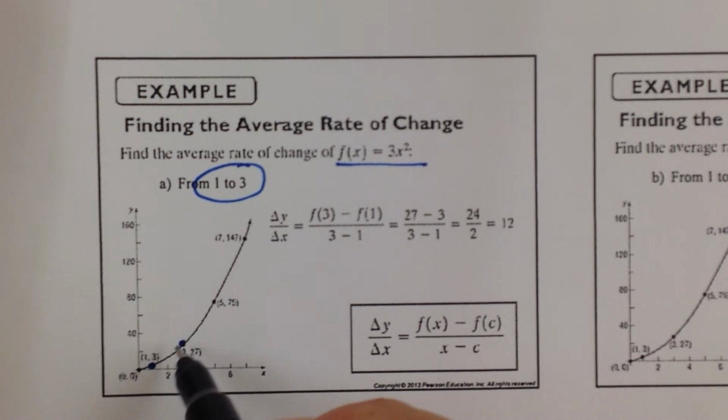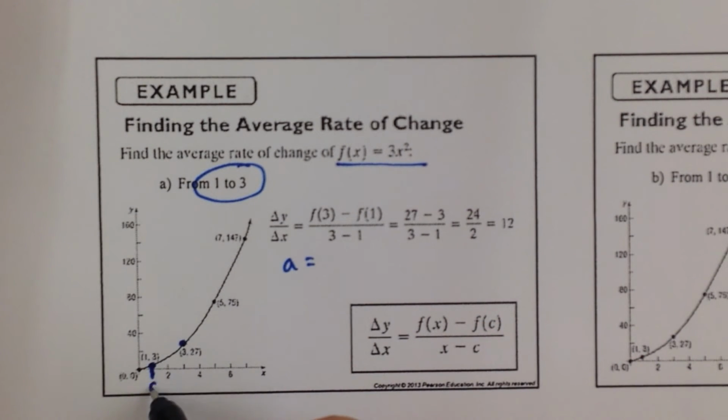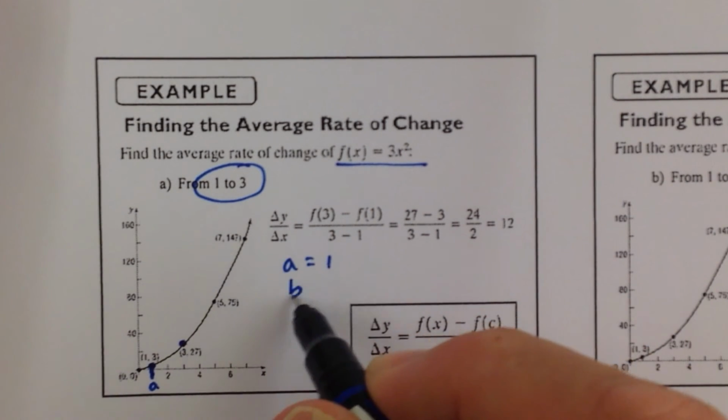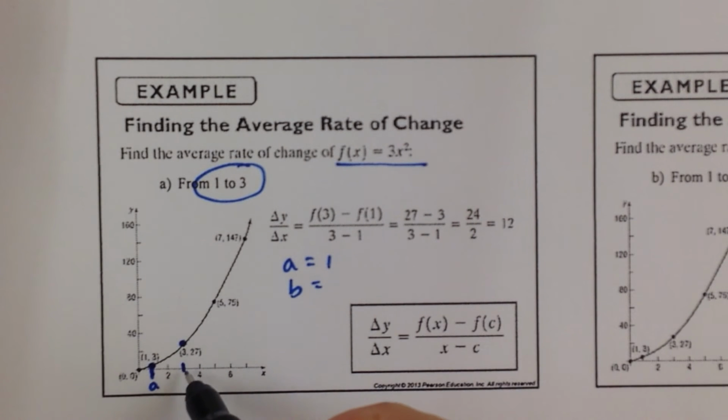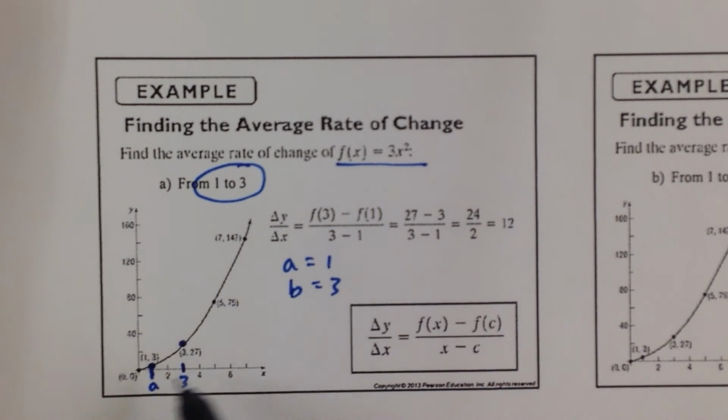But from here to here, we see the ordered pairs (1, 3) and (3, 27). So a happens to be the first part of the interval. a is 1. And b happens to be the last part of the interval. That's 3.